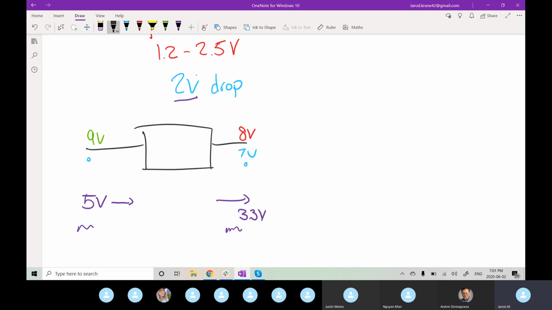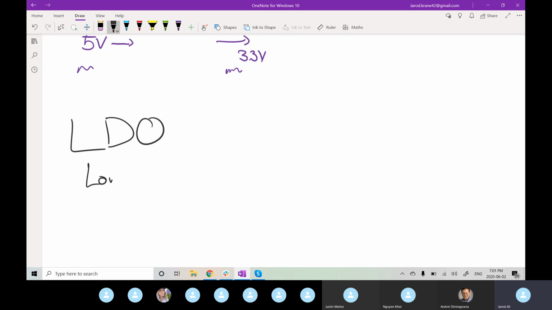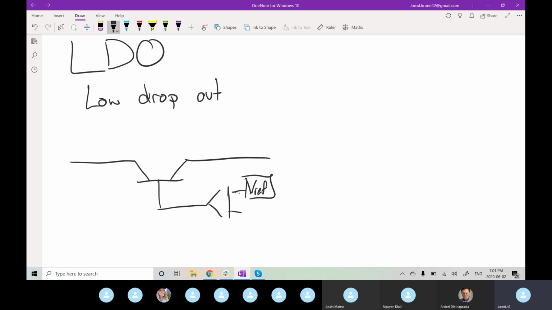This is where the LDO comes in. Again, it's a low dropout. So what an LDO essentially runs is the same setup, Vref, internal, external resistors, whatever the device actually is.